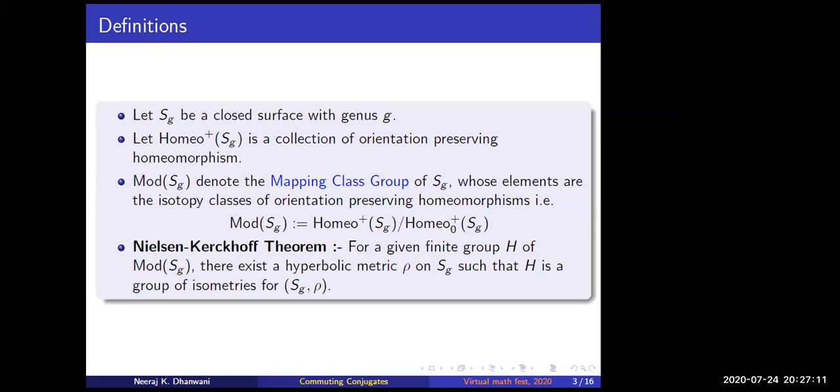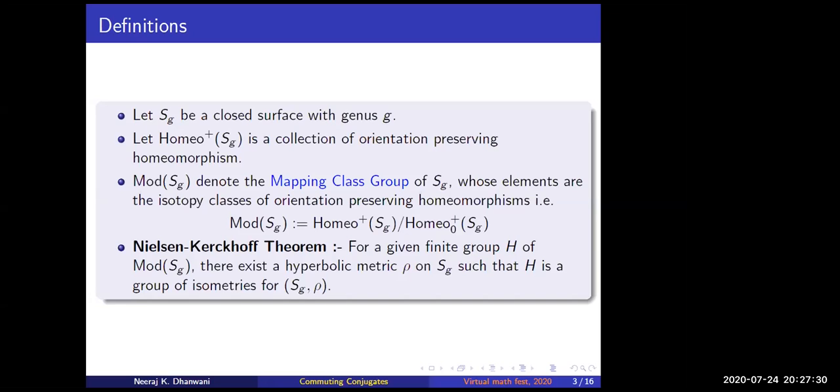Technically, in easy terms, this says that for every finite order mapping class you can associate a finite order homeomorphism. The benefit is that because this is an isometry group, you can talk about the quotients and about the properly discontinuous action of that.